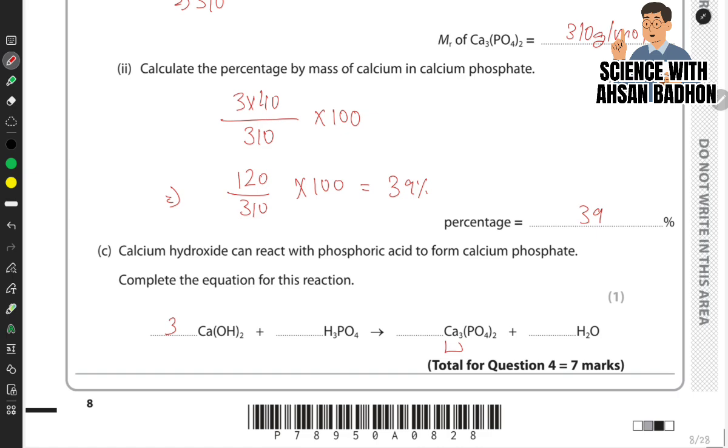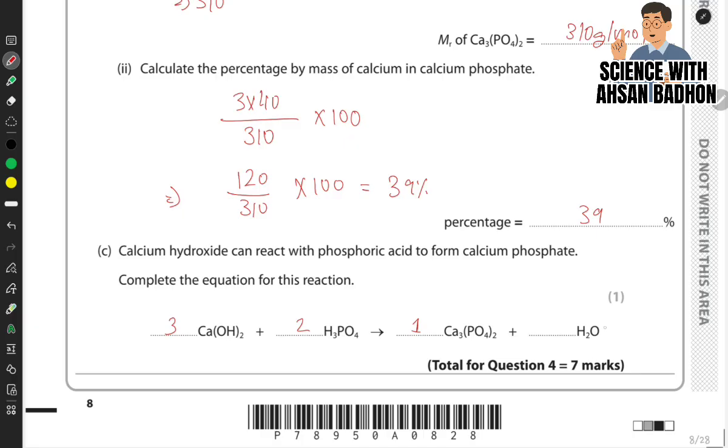Then phosphorus: here only 1 phosphate ion, and here the phosphate ion is twice, so you can give 2 here. Then for calcium phosphate you can give 1 because it is not changing.